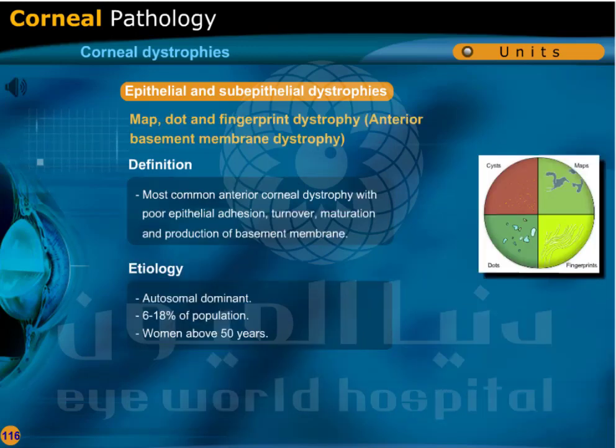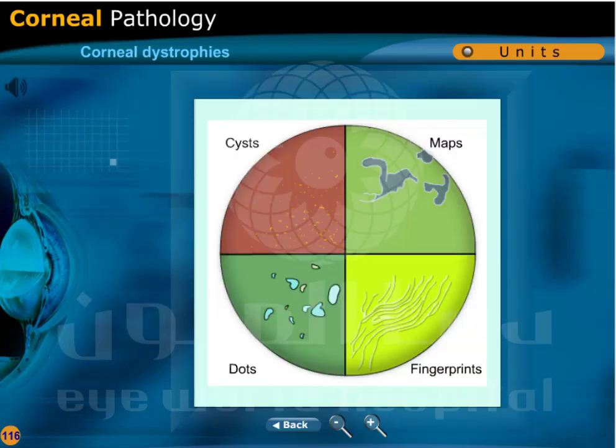Dot and fingerprint dystrophy, anterior basement membrane dystrophy. This is the most common anterior corneal dystrophy with poor epithelial adhesion, turnover, maturation, and production of basement membrane. It is an autosomal dominant condition affecting 6 to 18% of the population, most commonly women above 50 years.